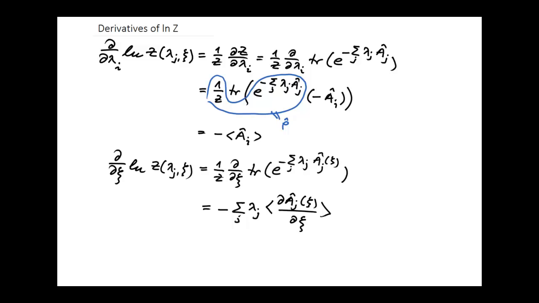And again, the warning, it's slightly tricky when you have non-commuting observables, and also when this partial derivative of A with respect to psi doesn't commute with A itself. But again, the trace heals all of that, and it still holds. So we have two first interesting relations.